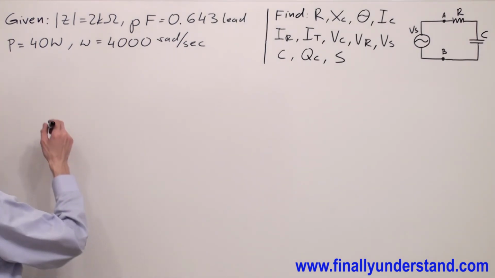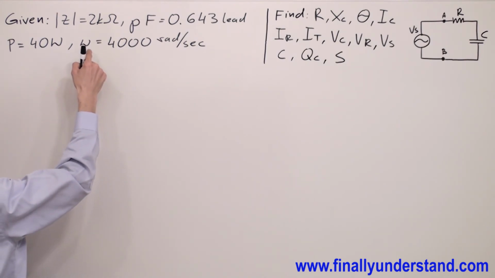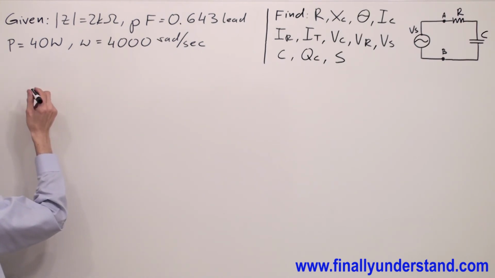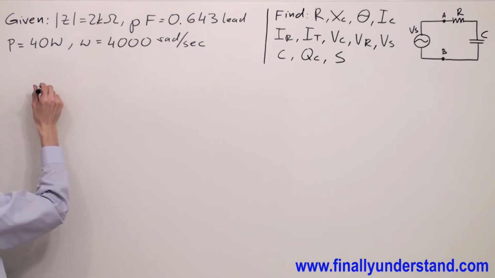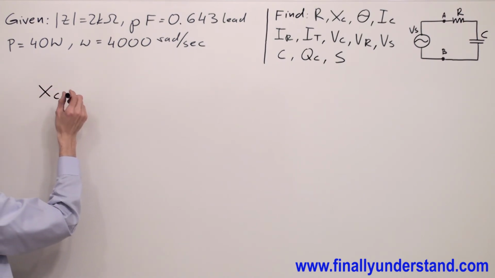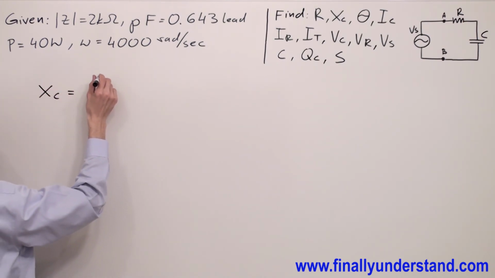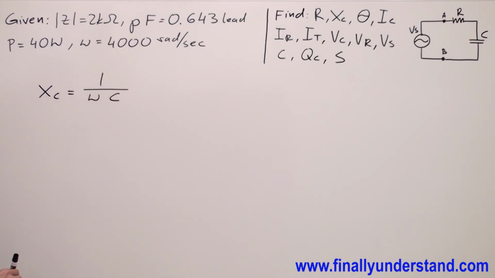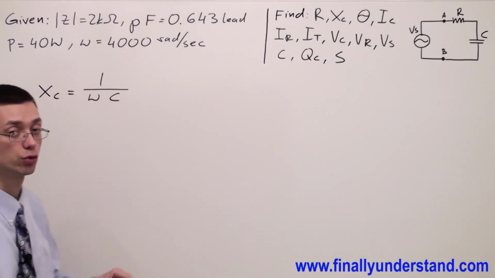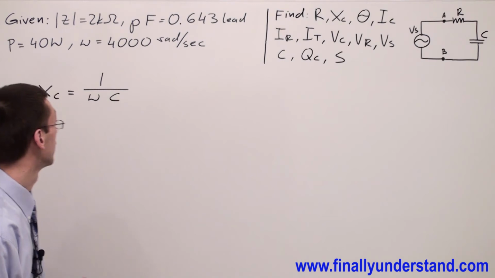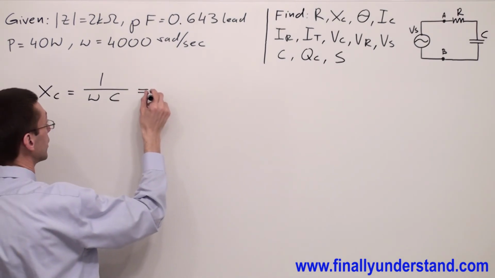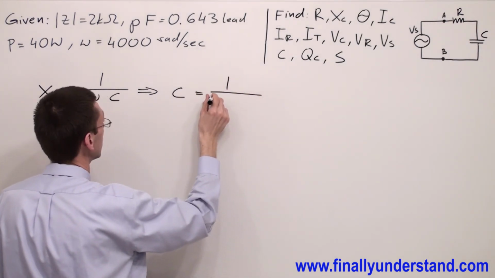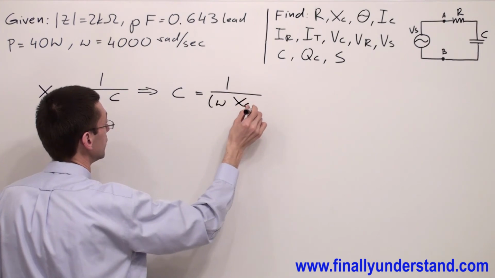I'm going to use the formula for the capacitive reactance, but please notice that this time we have omega given. So I have angular velocity given, that's why I'm going to use this form of the formula for capacitive reactance. XC is equal to 1 over omega C. Anytime you're calculating the capacitance, you're not supposed to include the angle. So use algebra and simply write that C is equal to 1 divided by omega XC.